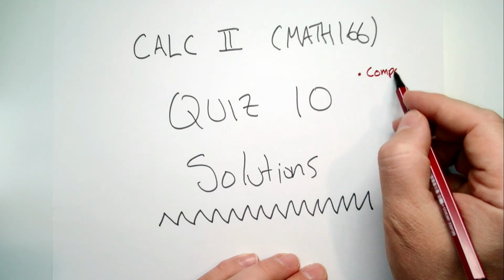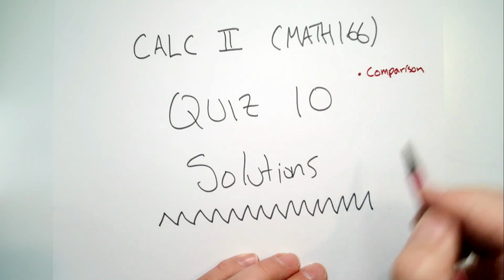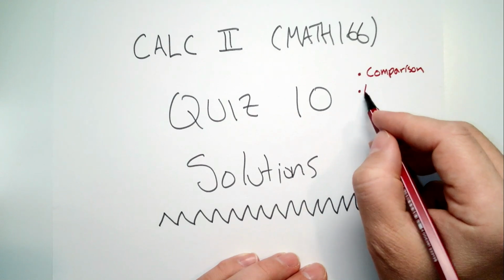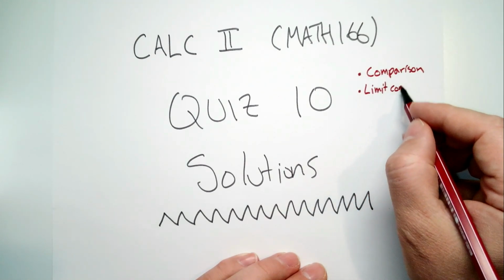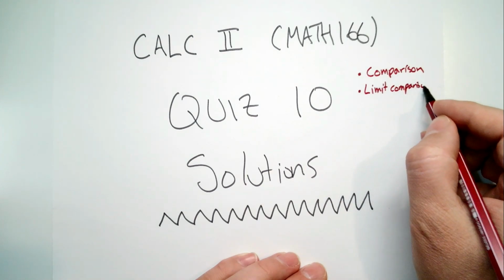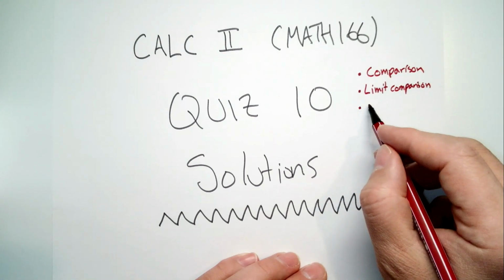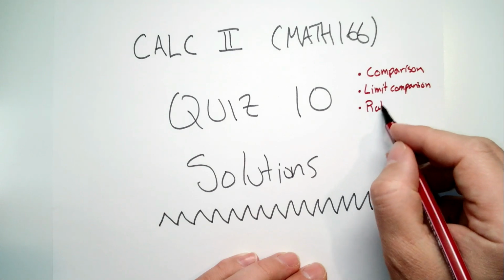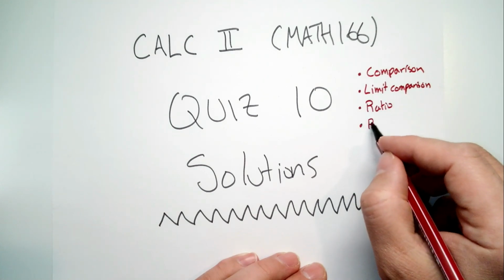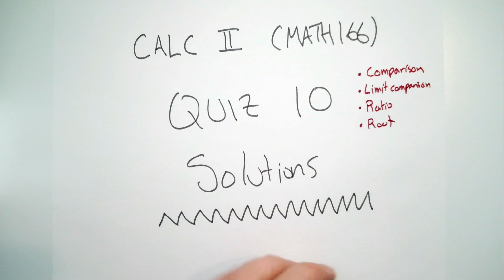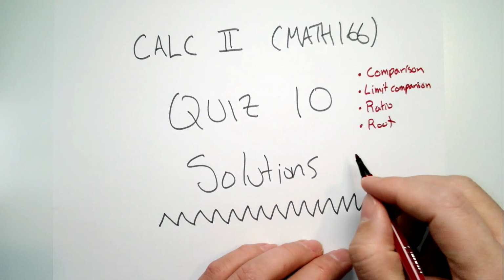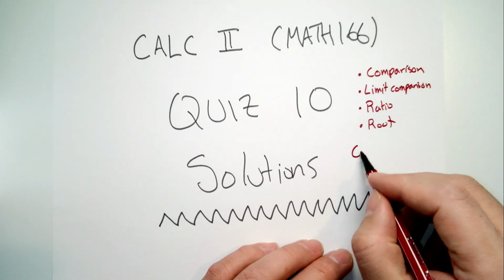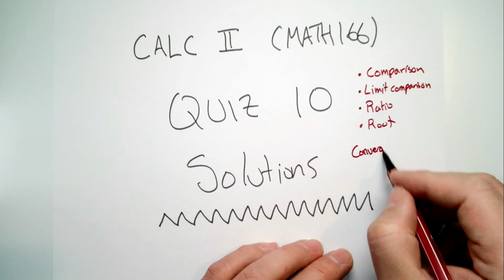So we have the 4 ideas we should be thinking about: comparison, limit comparison, which is like comparison, but taking it to the limit, and then we have the ratio test, and we have the root test.